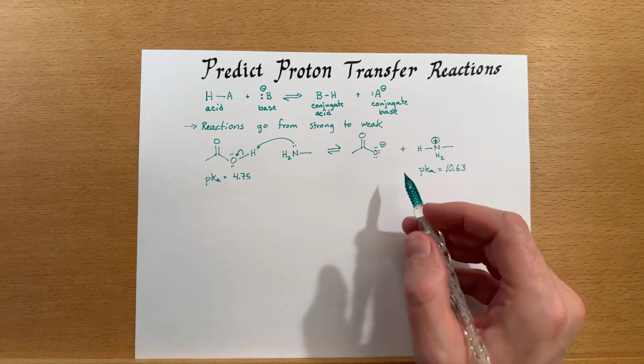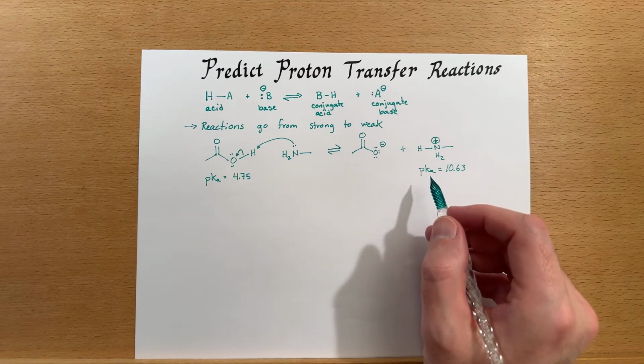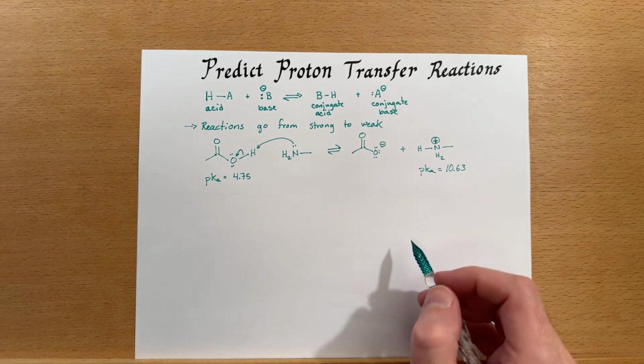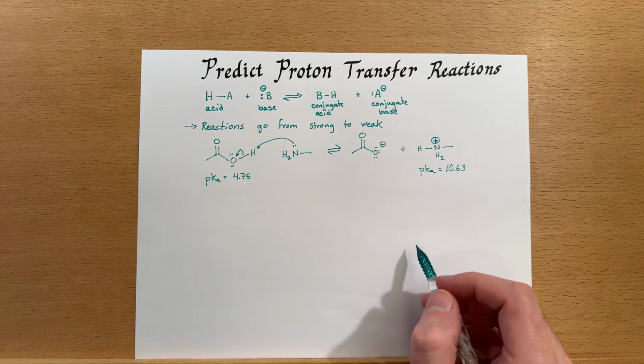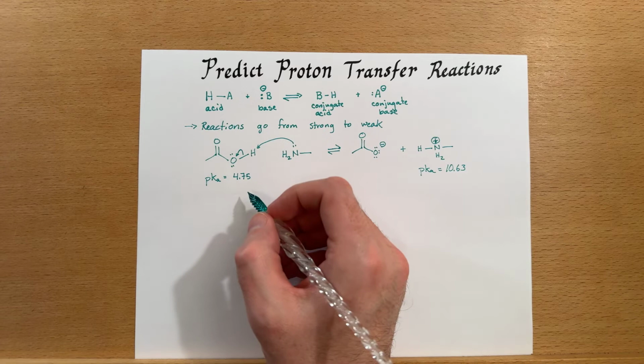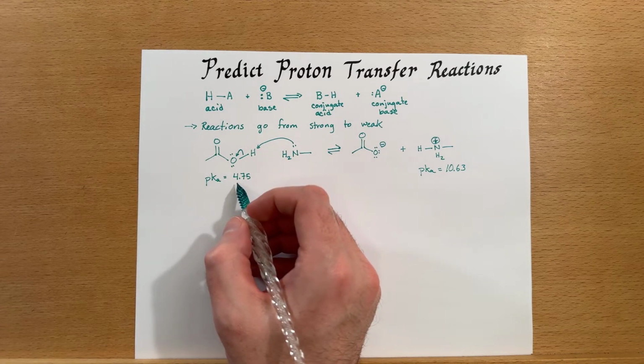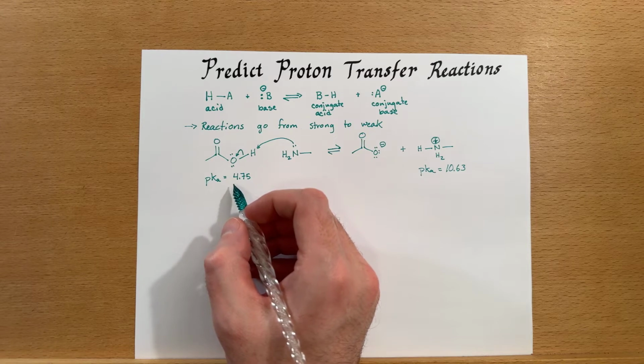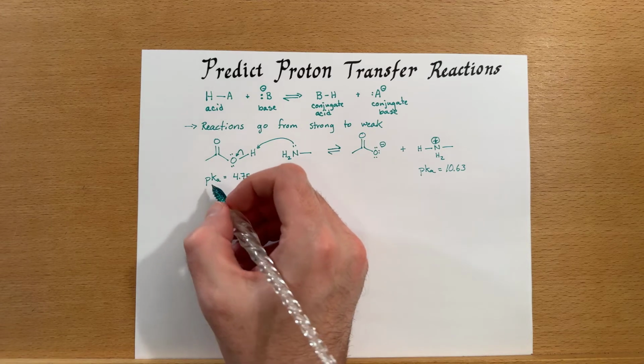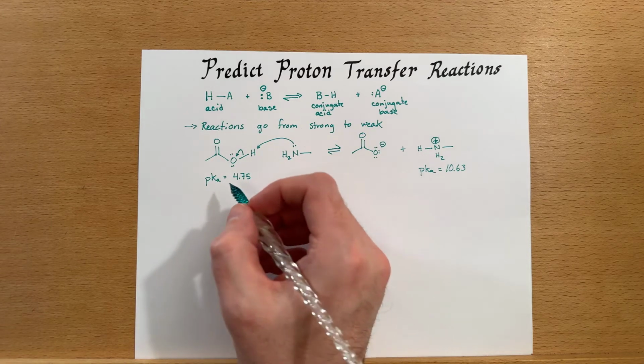But there's plenty of charts that include pKa values, so you can look up a more accurate number. So remember that a lower number in pKa means it's a stronger acid.